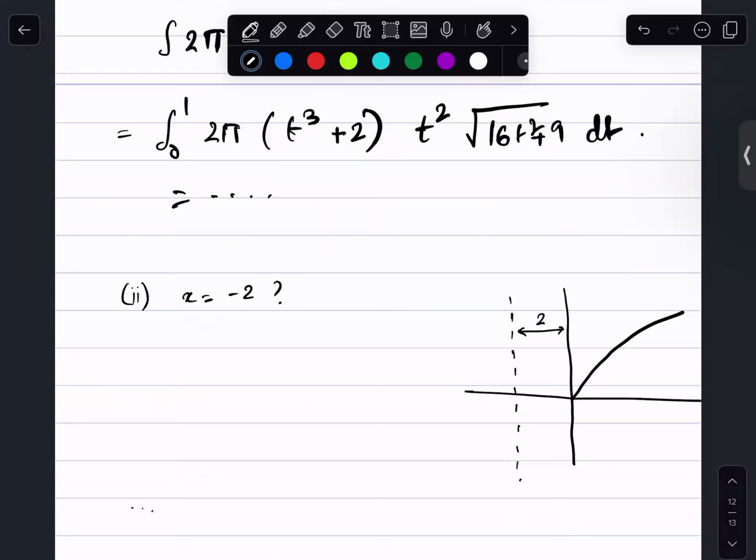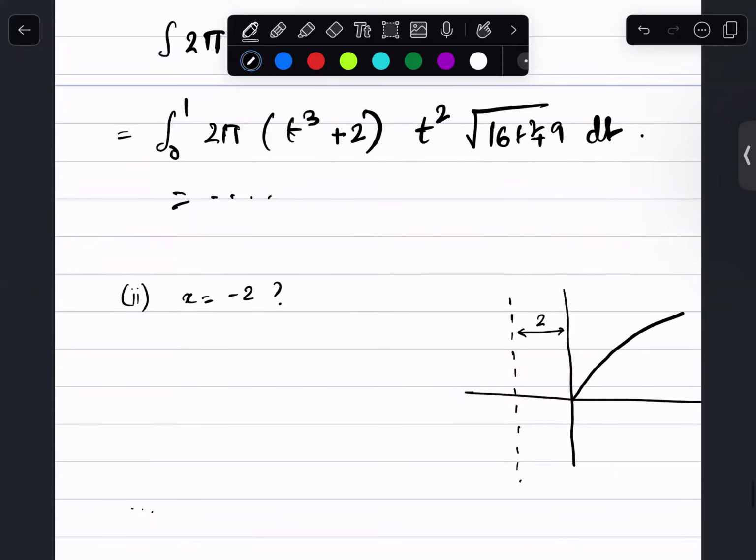When I have x equal to minus 2 as the axis on which we have to revolve the curve, the expression will be kind of similar: 2 pi, x plus 2, ds, integration.